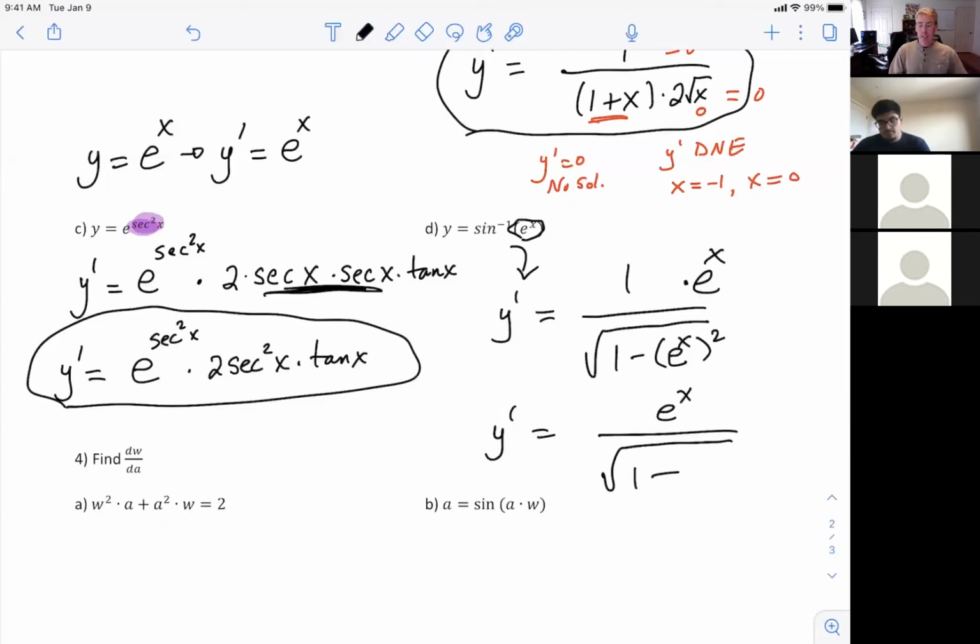And then this one could be simplified. But how do I write it? Do I write it like this? Or do I write it like this?